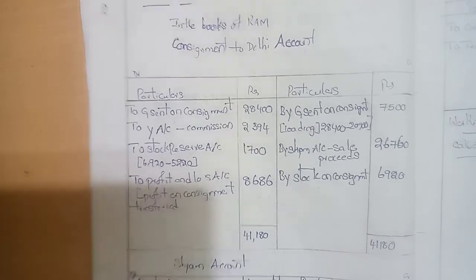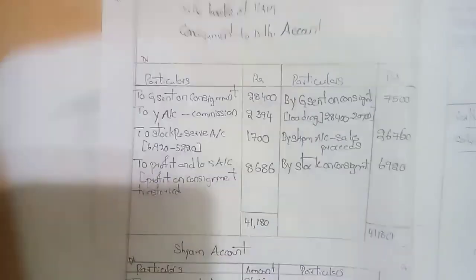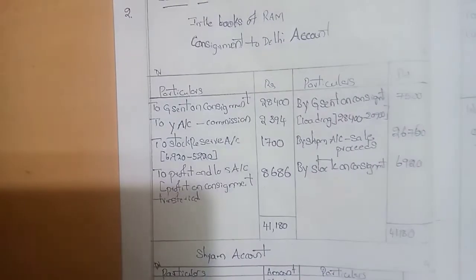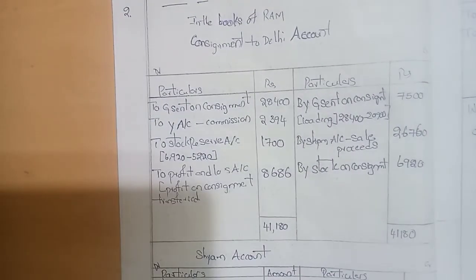This is the second question. So prepare the first entry. What is the condition here? Ram, a partner, consigned goods to Sham of Delhi for sale at invoice price. Sham is entitled to commission of 5% on invoice price and 25% on the surplus price realized.